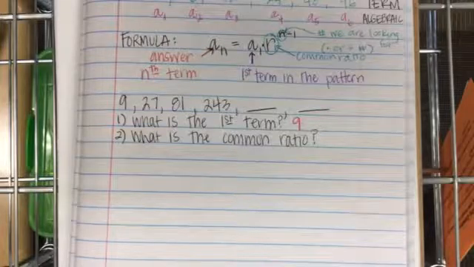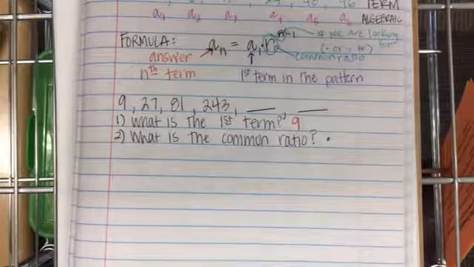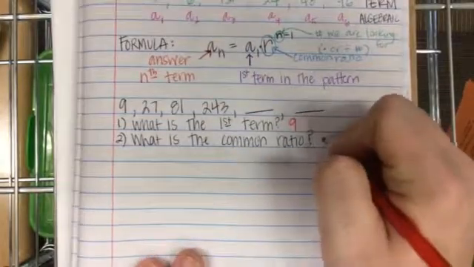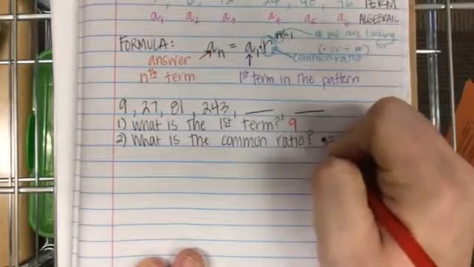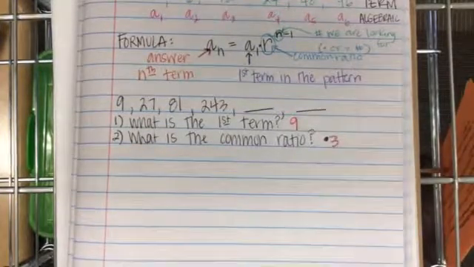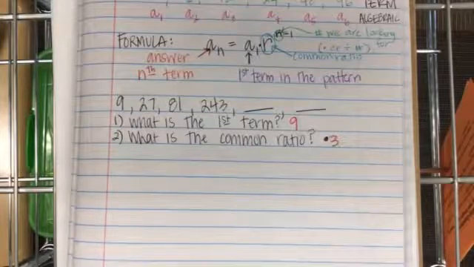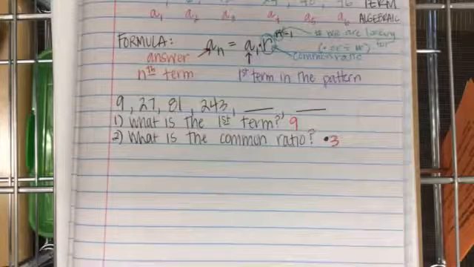Multiply by 3. So the common ratio, I still like to put the operation, times 3, just because it helps me remember later on that I'm multiplying. But you don't have to. The common ratio is 3.